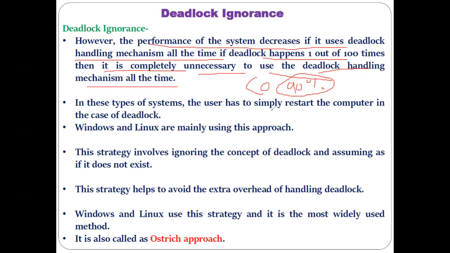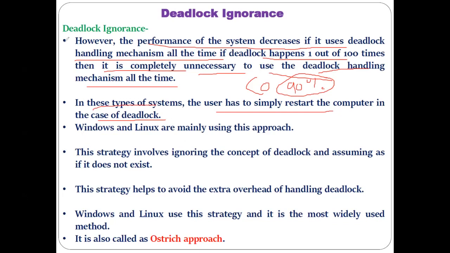So in case of normal users, when the deadlock occurs, your system hangs completely. In this type of system, the user simply has to restart the computer, as I said. Then you can get your computer working in the normal way.